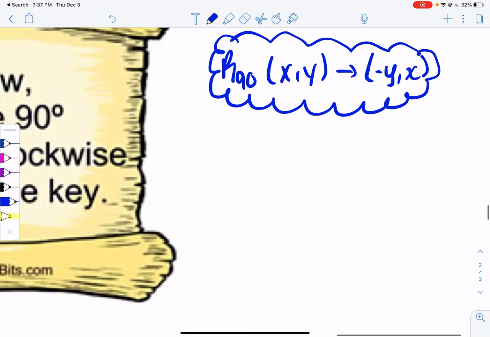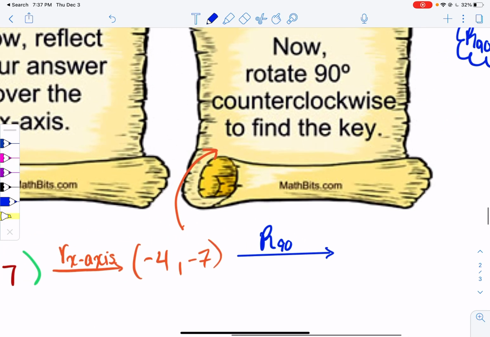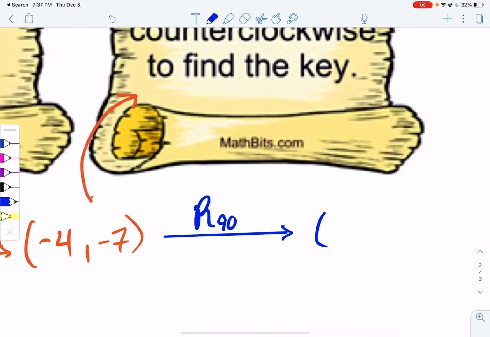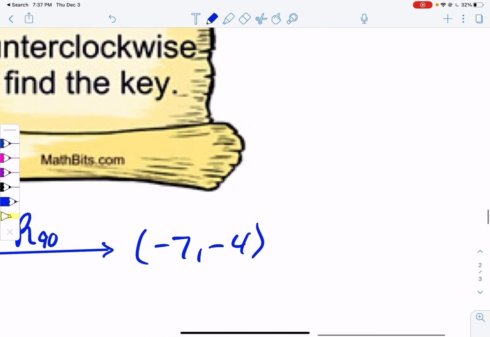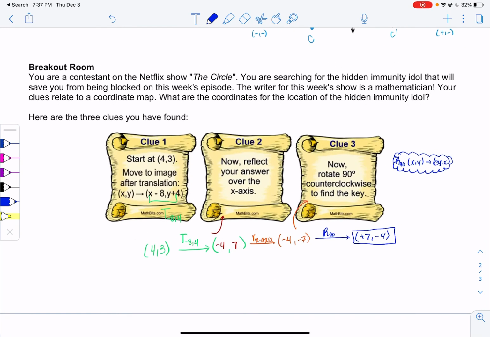So I have a rotation of 90, which is negative y, x. So I flip them. So I now have my negative 7, negative 4. But I am negating my first value. So my negative 7 becomes a positive 7. And that is how you will get your hidden immunity idol.